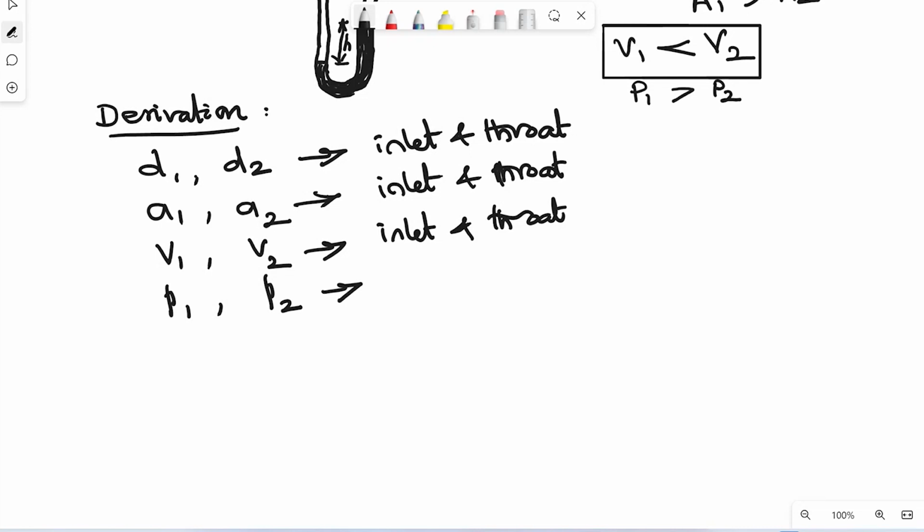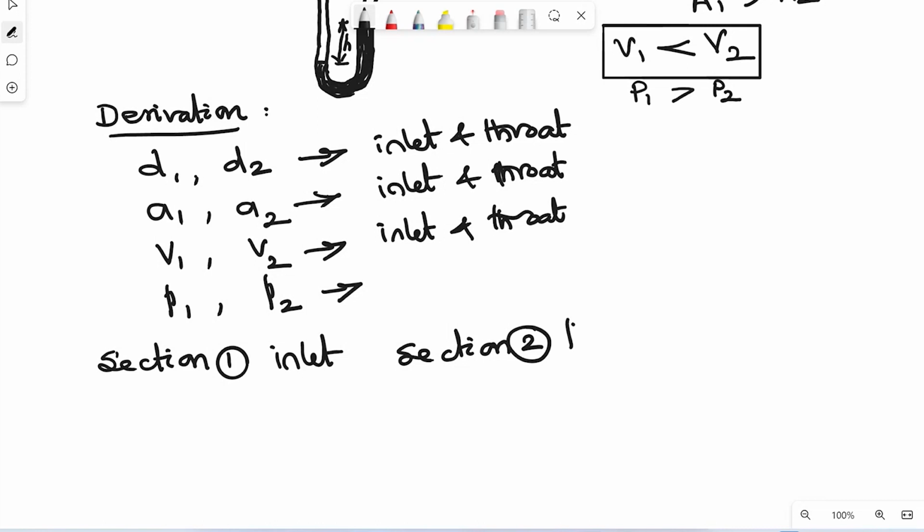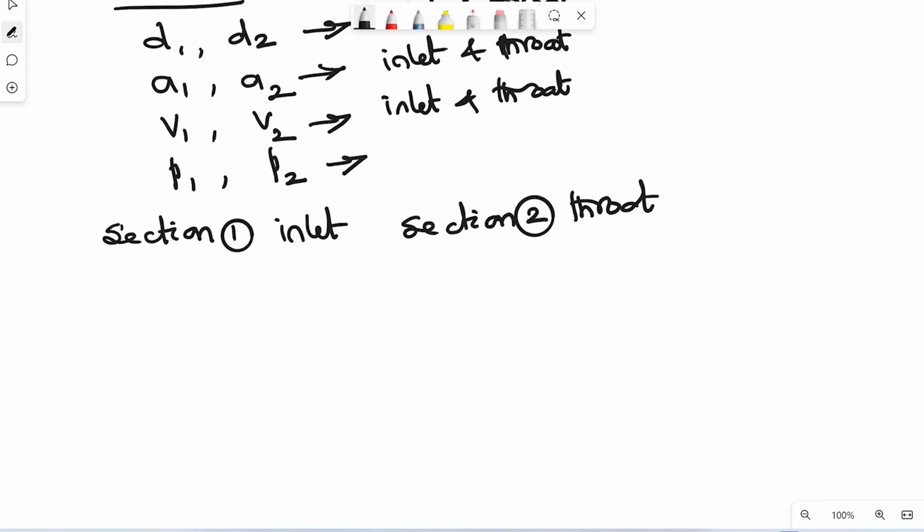Now assuming that the fluid is incompressible and there is no loss of energy between sections 1 and 2, where section 1 is the inlet and section 2 is the throat, we straight away apply the Bernoulli's equation.